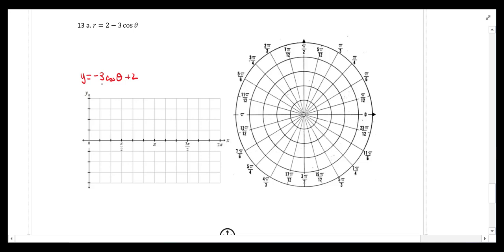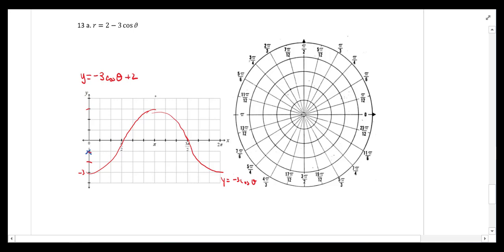The graph, starting at negative 3 to 3 if I have the basic graph, is reflected, so hopefully you remember this is what the graph can look like. That's just y equals negative 3 cosine theta, but we have to add 2 to it. This is shifting up 2 units now.